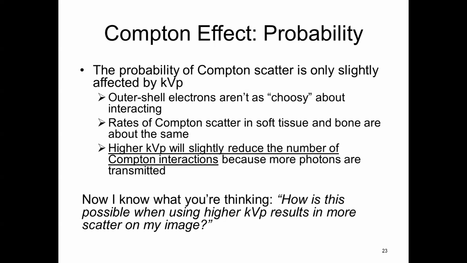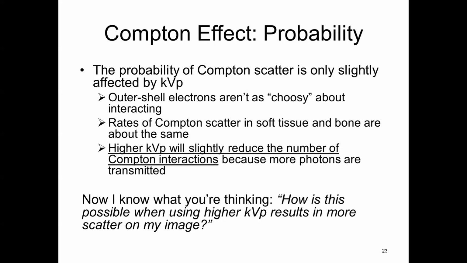So where this gets really confusing is our rule of thumb of high kVp, more scatter. We've talked about that already. And a lot of techs will tell you, oh, don't make the kVp too high, you're just going to get more scatter.